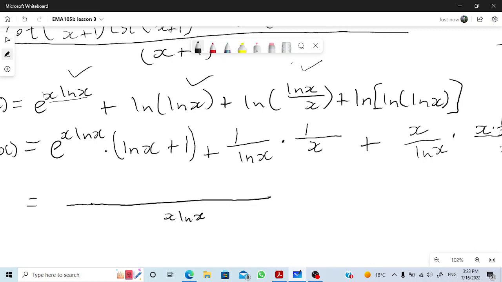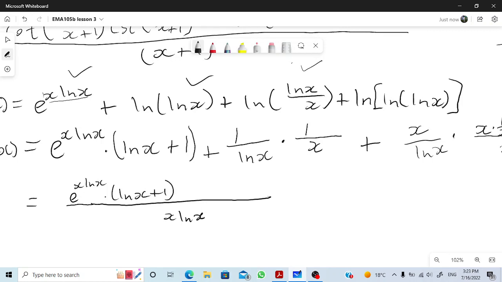Now I have to just put this here. I can just multiply out, but it's going to cause problems for me, it's complicated. Remember, my aim is to simplify into the ln of x plus 1.